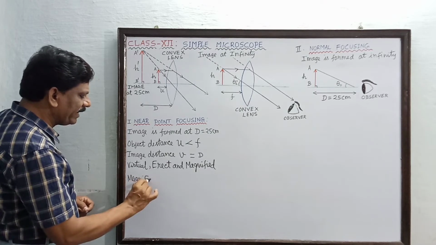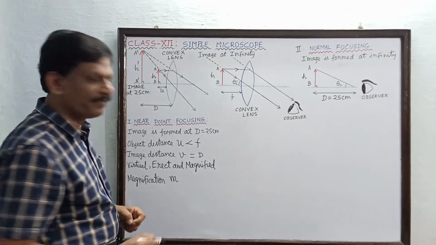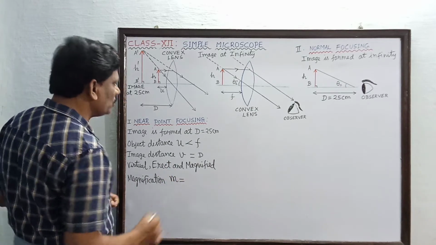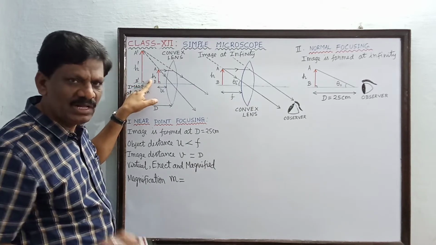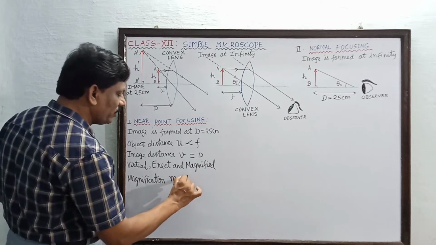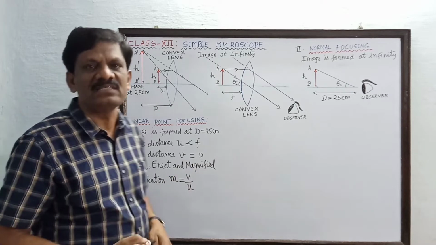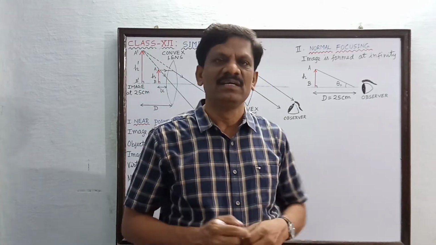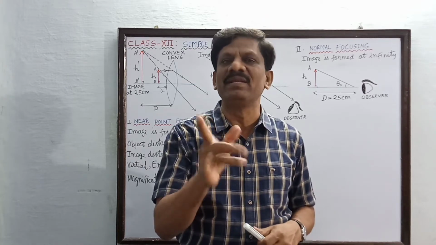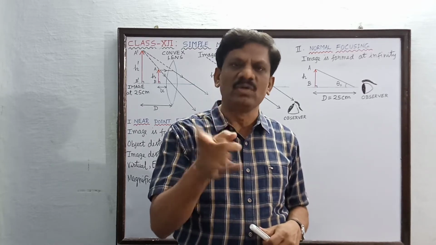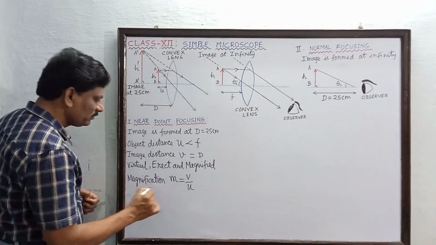This magnification is denoted by the symbol small m, and it is equal to the size of the image h dash divided by the size of the object h, or it is also equal to the ratio of the image distance to the object distance, v by u. Now we do not know exactly what the object distance is. We know only that it should be less than the focal length. So we have to substitute for u. How? Let us see now.